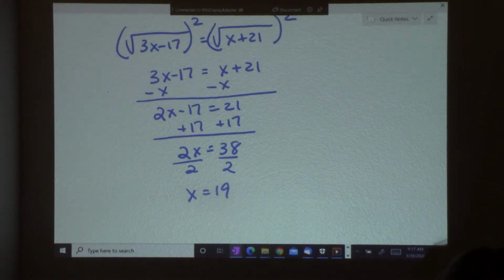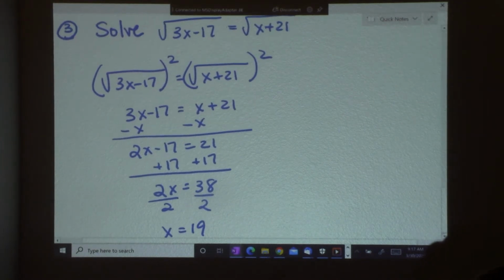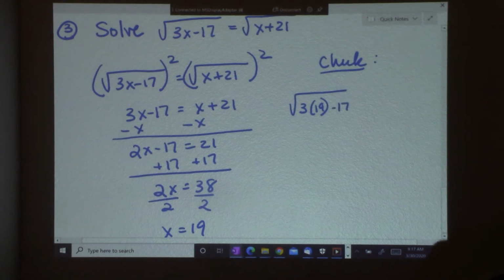All right, so let's go ahead and check that and see if that works. The square root of 3 times 19, that's x, does that equal the square root of 19 plus 21? Well, let's find out. 3 times 19 is 57.